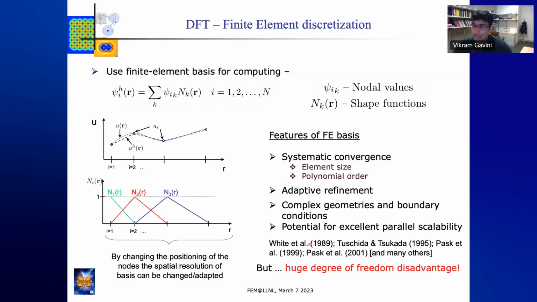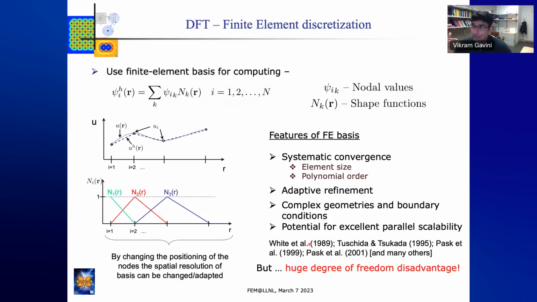And when I say degree of freedom disadvantage, if I may elaborate, if we want to get to chemical accuracy, which is the accuracy to which you want these calculations to be converged, these are relative accuracies of the order of 10 to the power minus 5 or better. So to get to this kind of relative error, one needed almost a million basis functions per atom to get to this level of accuracy.